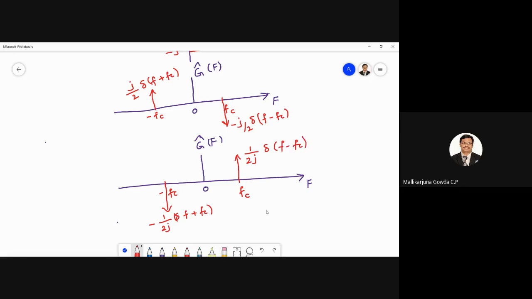Okay, anyone can say why I have written like this? Is it correct what I am writing? Or do you have any doubts? Yes, people should respond. Yes, is it fine? I have understood why I wrote like this. No, sir. 1 by j can be written as minus j.